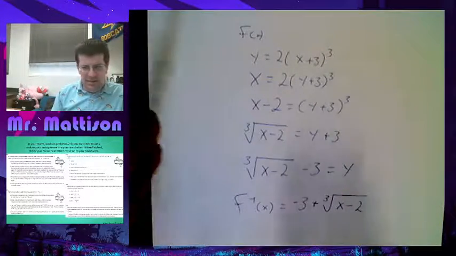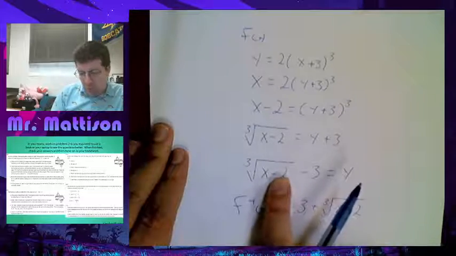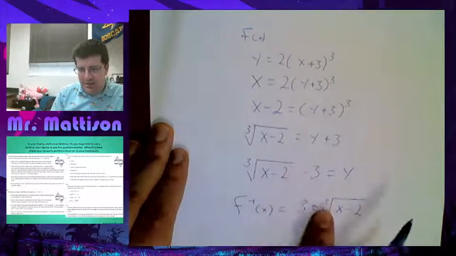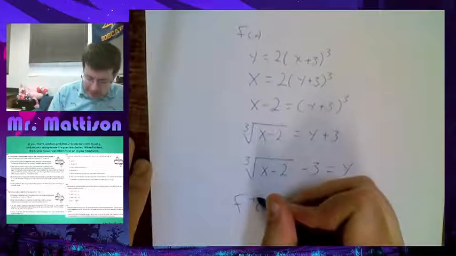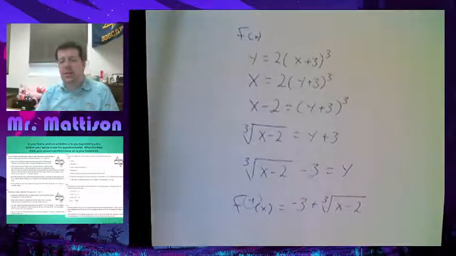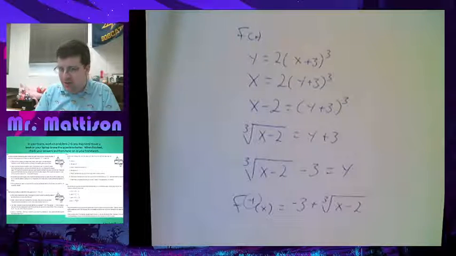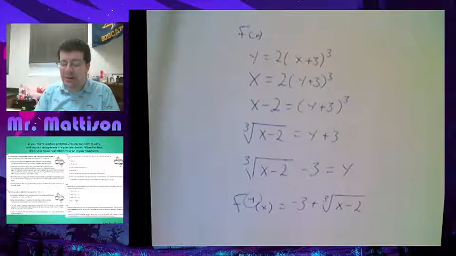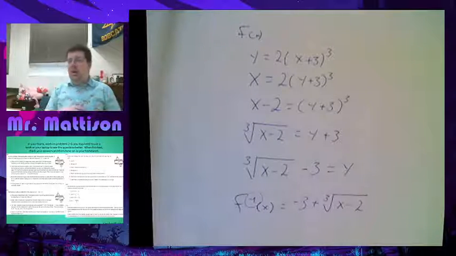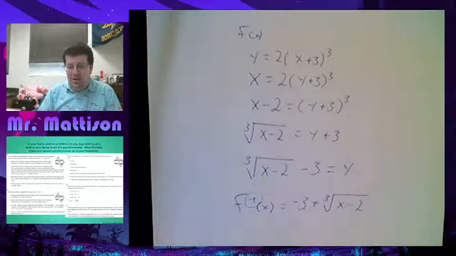Just kind of depends on how you write it. But hopefully we see how this and this are the exact same thing, right? So again, this is our symbol for an inverse. It does not mean raised to the negative 1 power. That's one thing that I really hate about that being our symbol for inverses. If it were up to me, we would not use it, but that's just how every mathematician does it, so we just gotta kind of follow suit there.